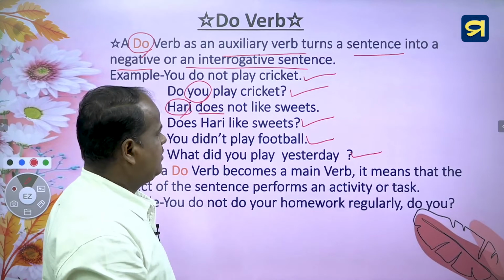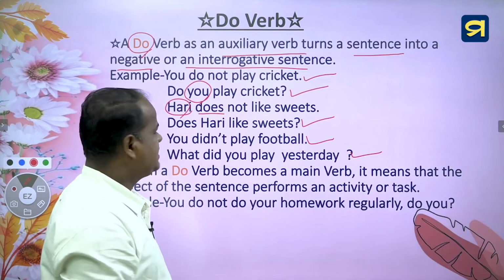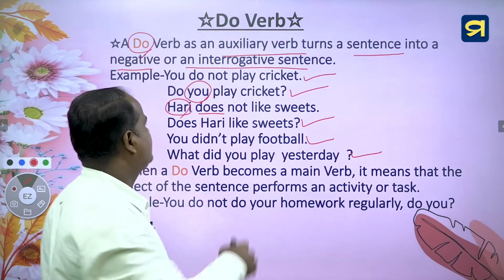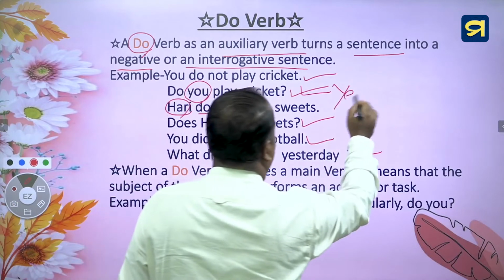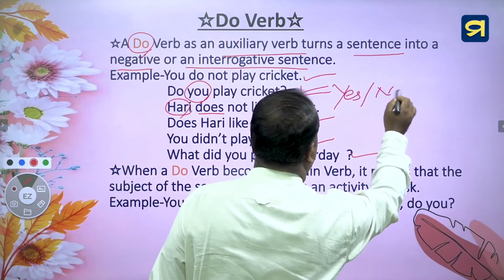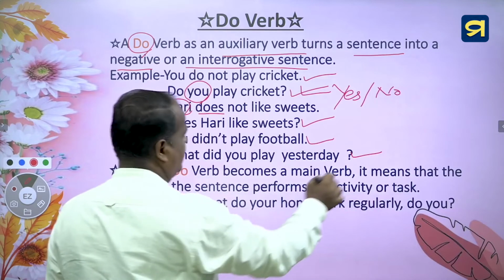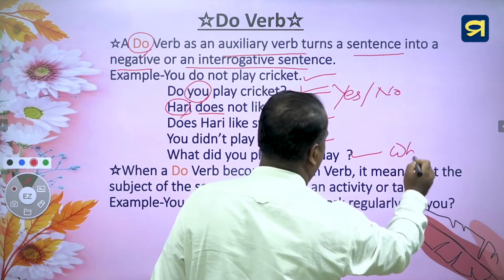Students, you all have known that an interrogative sentence is of two types. The first one is yes-no interrogative. And the second one is WH interrogative.